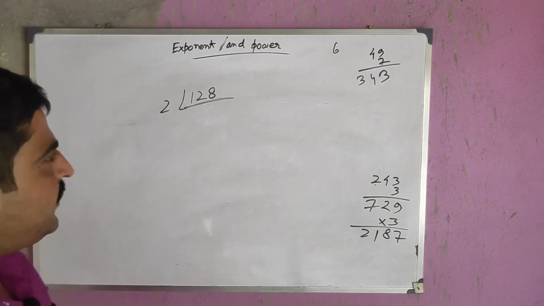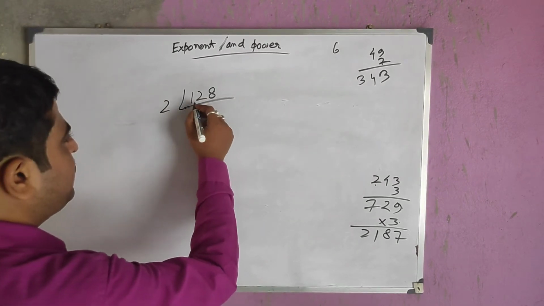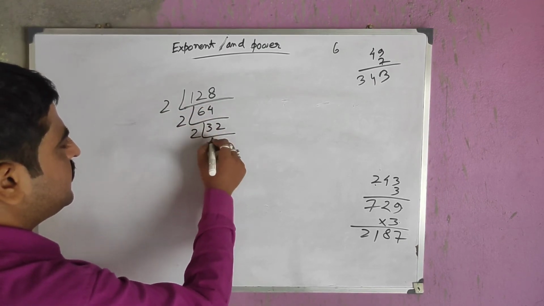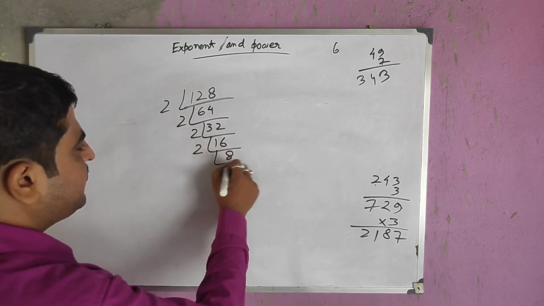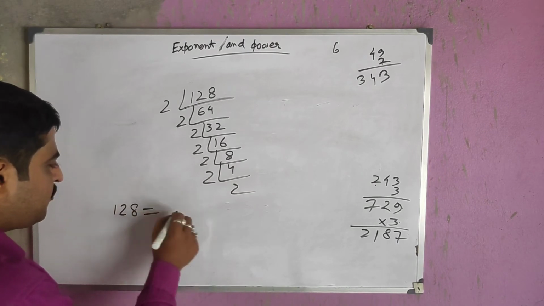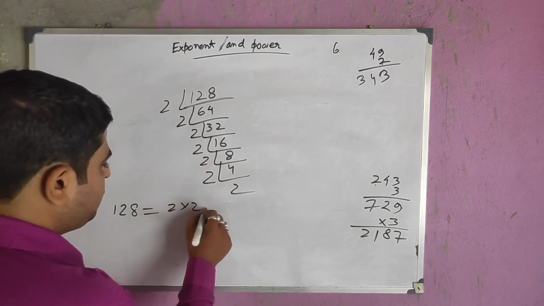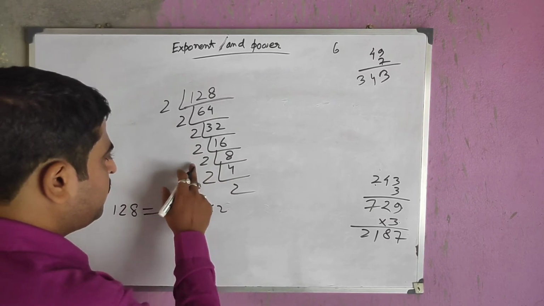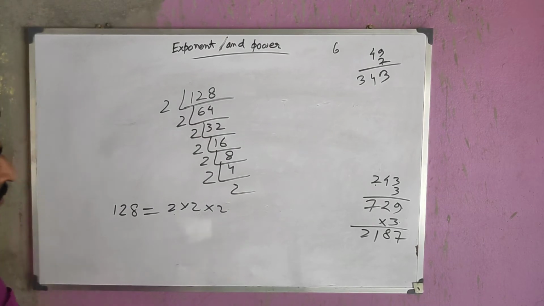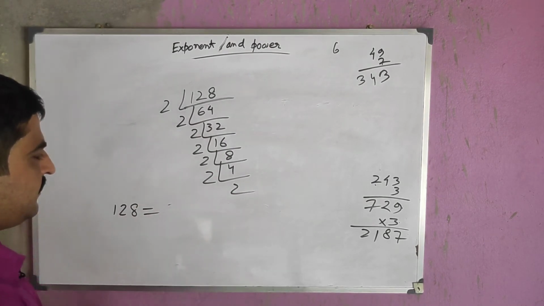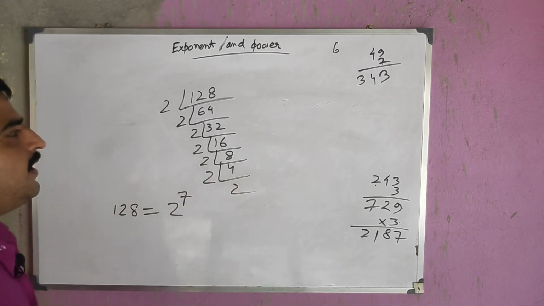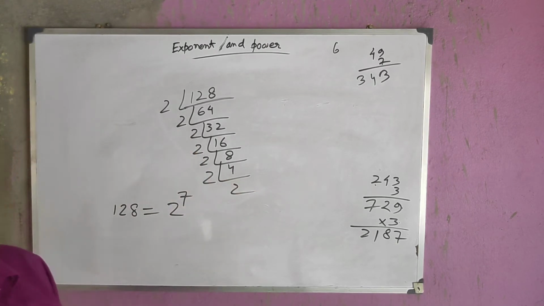So if we divide 128 with 2, it will give us 64, 32, 16, 8, 4, 2. So how many times is the 2 coming? 2 into 2 into, 1 2 3 4 5 6 7. Either you can write this, or you can write 2 to the power 7 directly, because if we multiply 7 2s at a time, then only we can get 128.